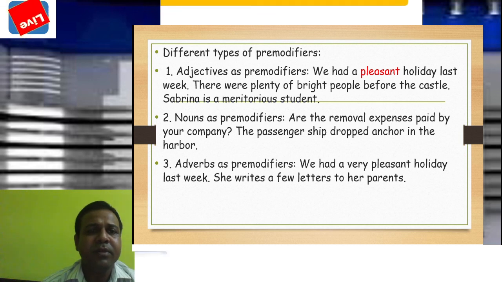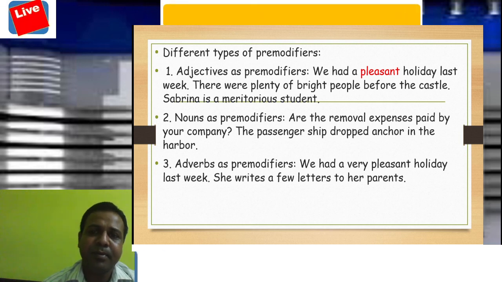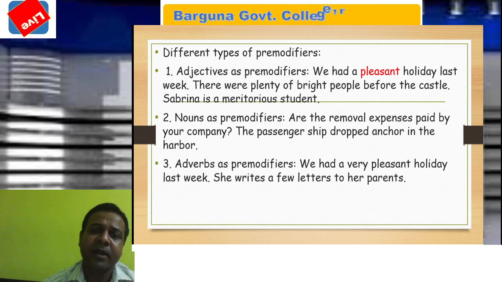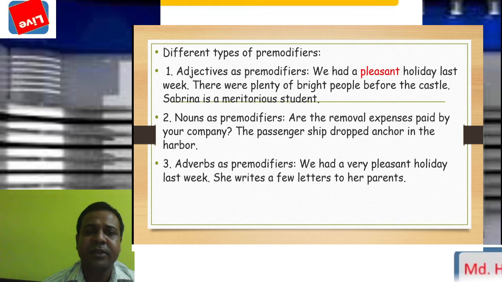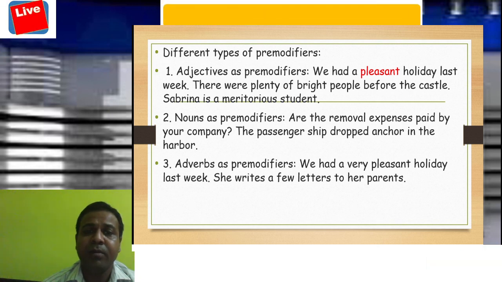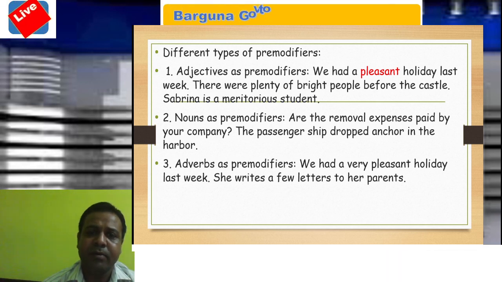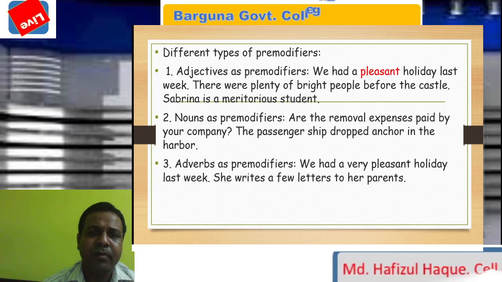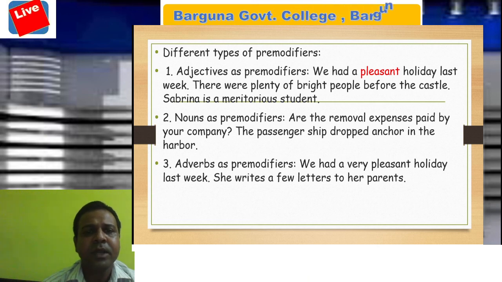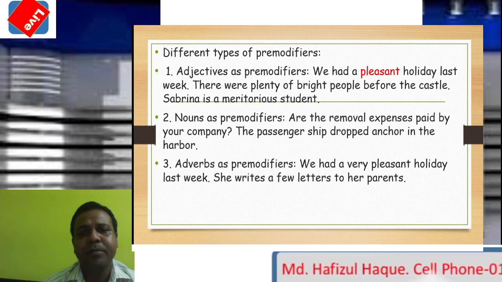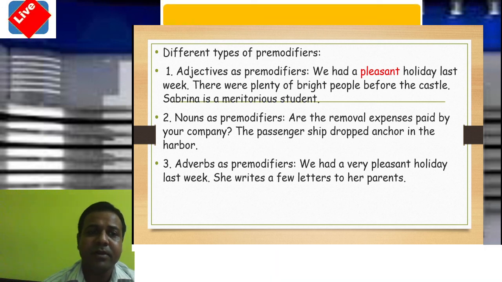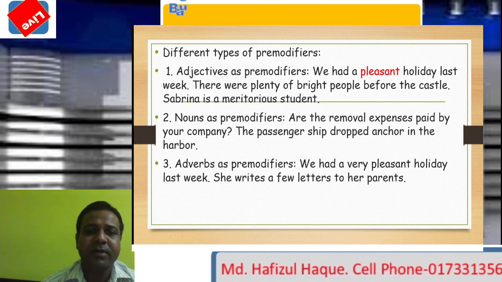In the second example, there were plenty of bright people before the castle. This is also an example of how adjectives are used as pre-modifiers. Here you notice that in plenty of bright people, of is a preposition, bright is an adjective, and people is a noun. So you see the adjective bright is used as a pre-modifier. In the third example, notice Sabrina is a meritorious student.